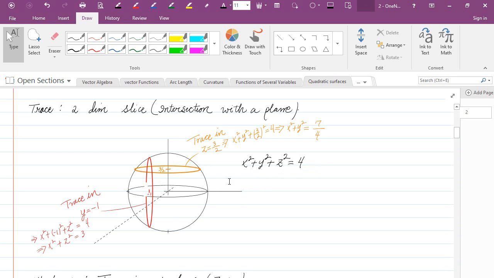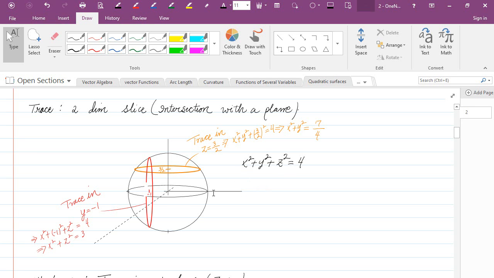So if I ask, okay, what is the trace of this sphere, which is the graph of this equation, in the xy plane? Well, in the xy plane, notice that z would be 0. So I'm asking, what's the intersection of the sphere with the xy plane?